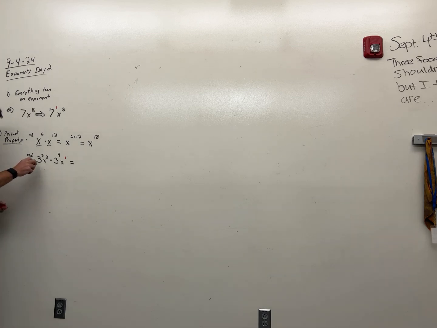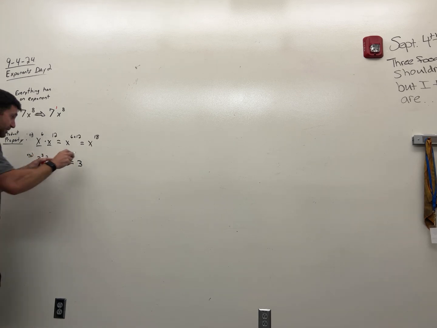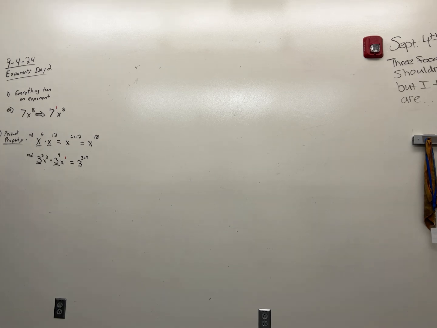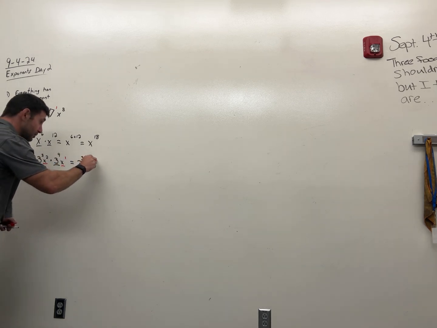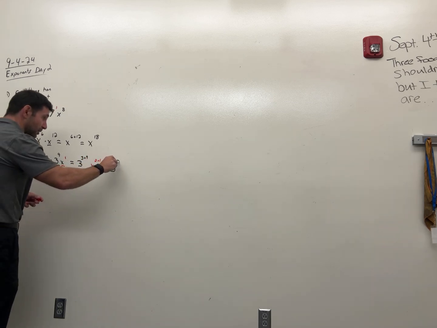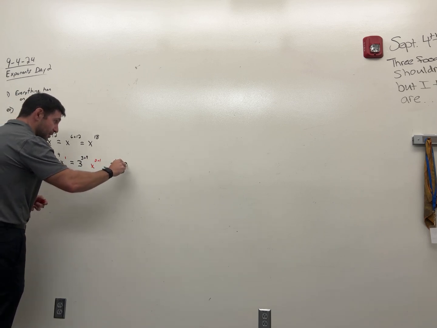The 3's. So let's just start with the 3's. So that keeps the base, 3 plus 9. What other base do we have that's the same? What about the 2? So we're not worried about these numbers, we're worried about the bases. The x's are the same. So that gives me x. Then when the base is the same, we add 2 plus 1. So that's going to give me 3 to the 12th, x to the 3rd.